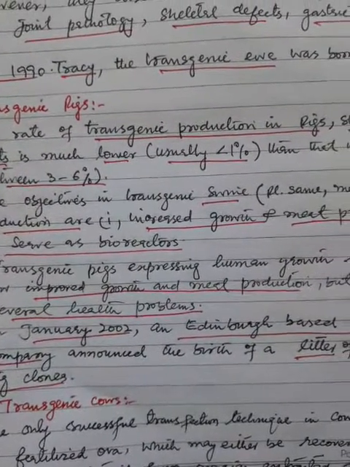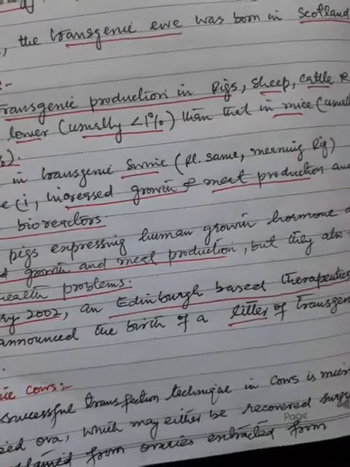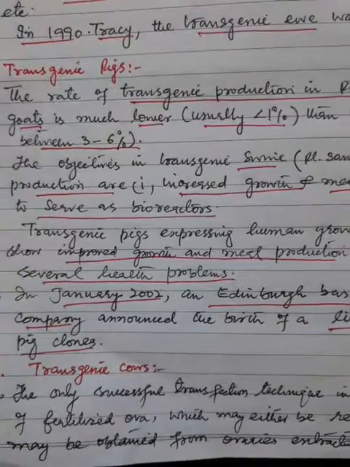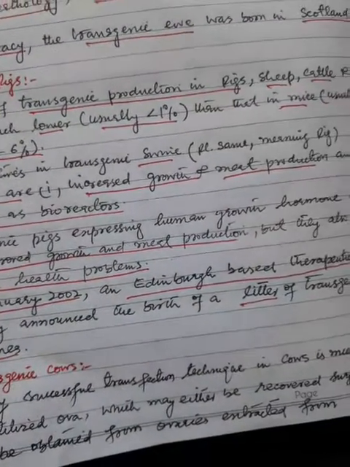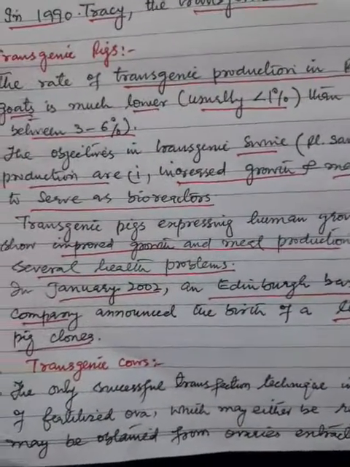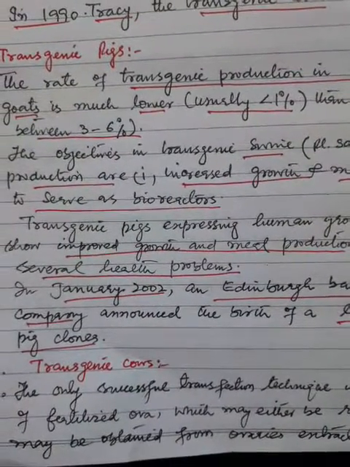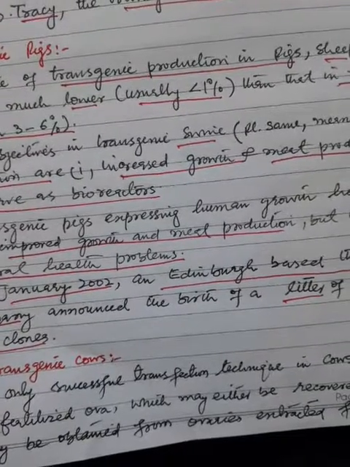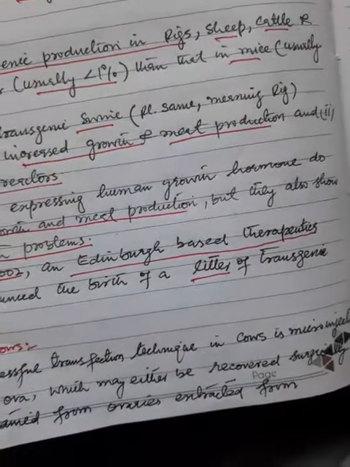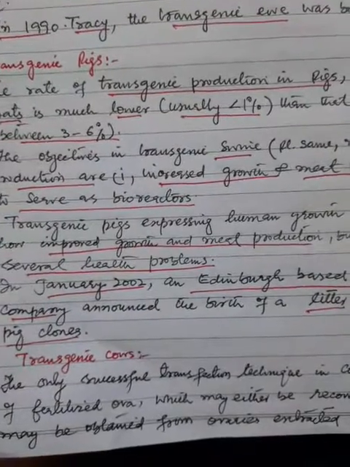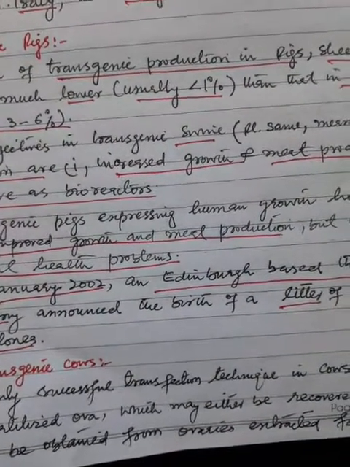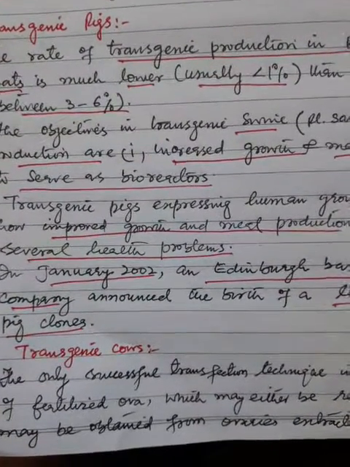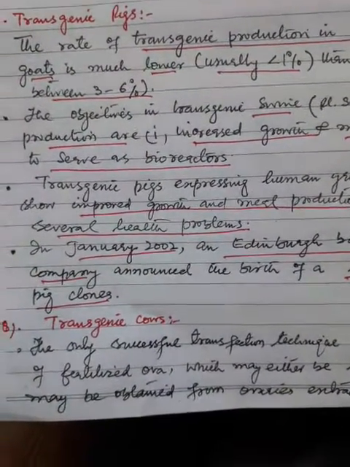Transgenic pigs expressing human growth hormone do show improved growth and meat production, but they also show several health problems. In January 2002, an Edinburgh based therapeutics committee announced the birth of a litter of transgenic pig clones.